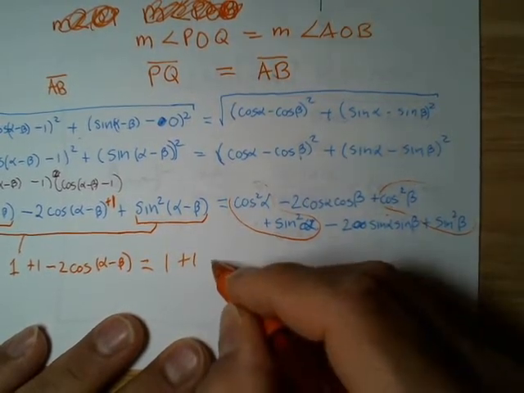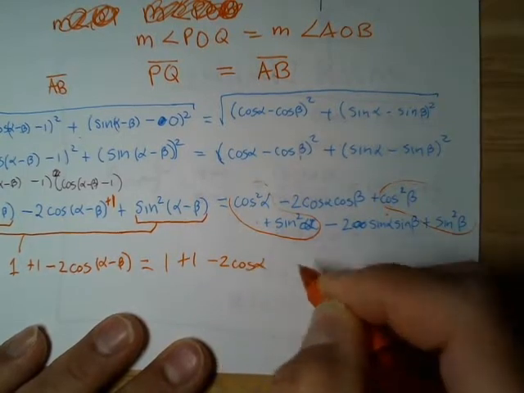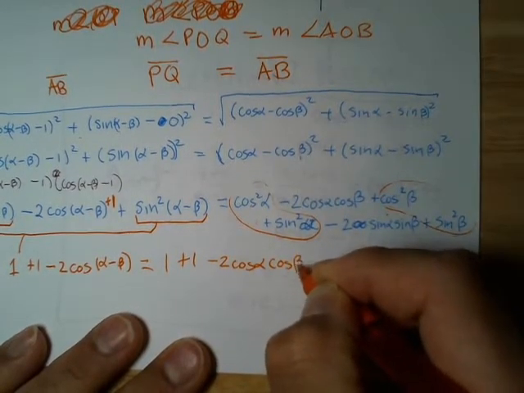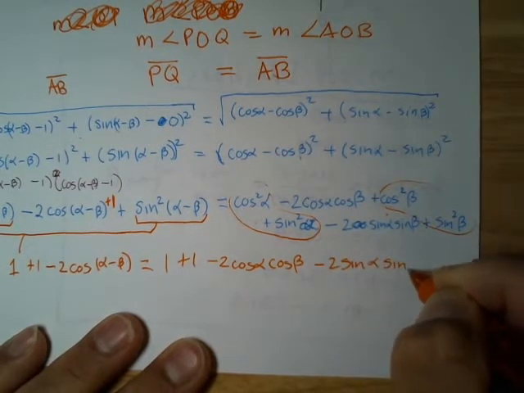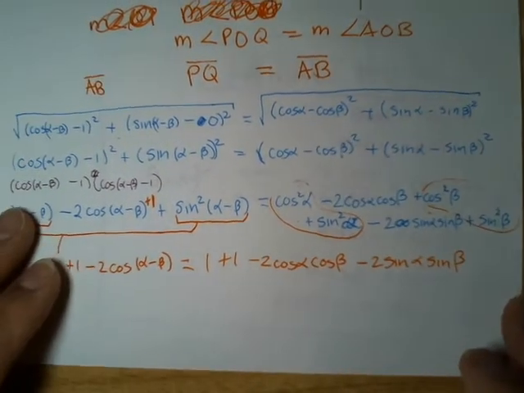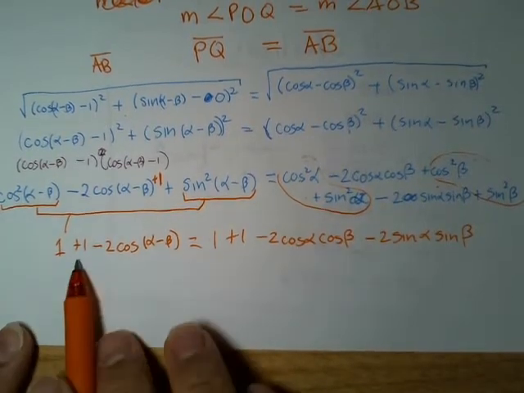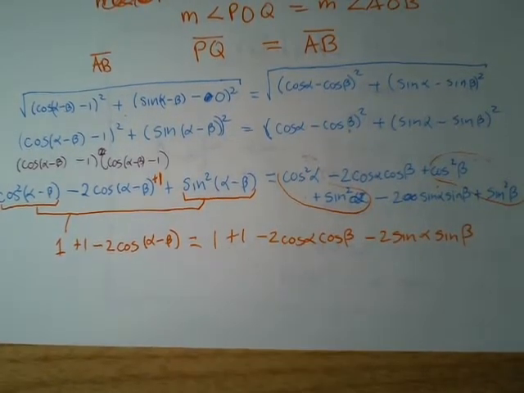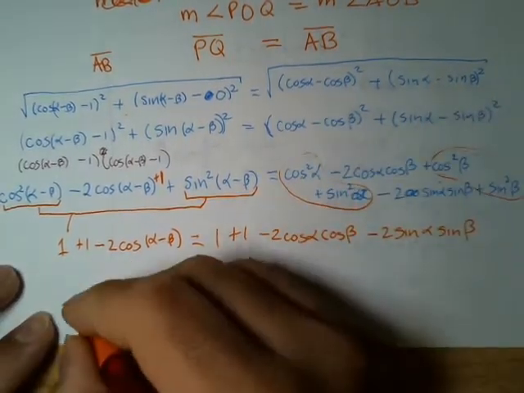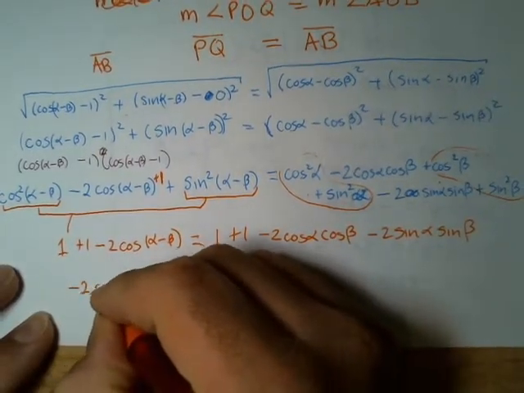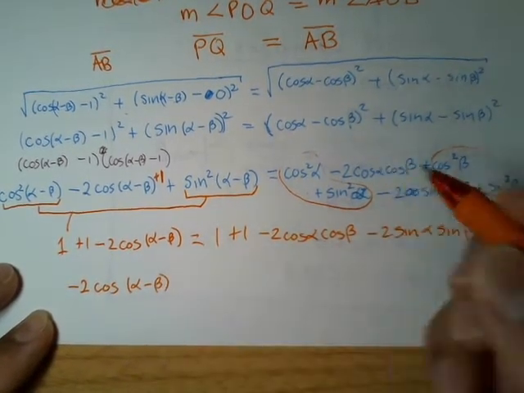And then we have minus 2 cosine of alpha, cosine beta, minus 2 sine alpha, sine beta. All right. Okay, and another thing we're going to have here is we have 2 plus 2, so we have plus 2 and plus 2 on both sides. We can subtract 2 from both sides, and now we're left with, in other words, the constant terms cancel out.